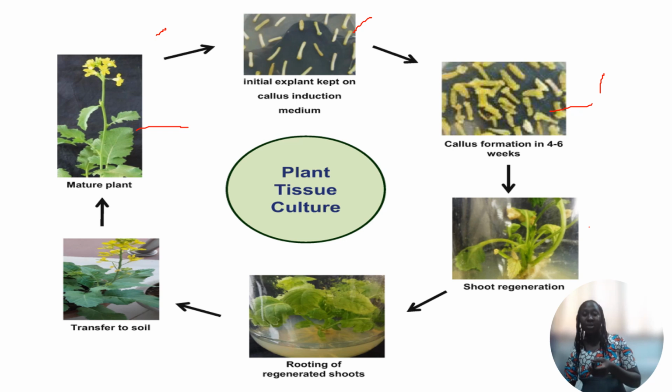Then these plantlets may form shoots, then form roots, and then turn into a general plantlet, which is ready for planting. We shall see these steps as we move, but this is just a general picture around plant tissue culture.